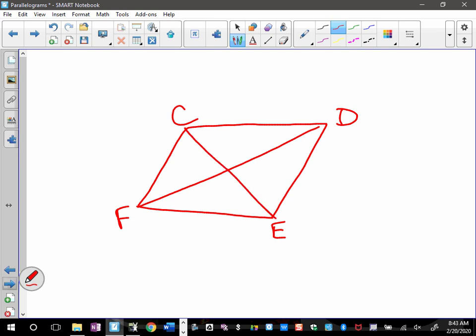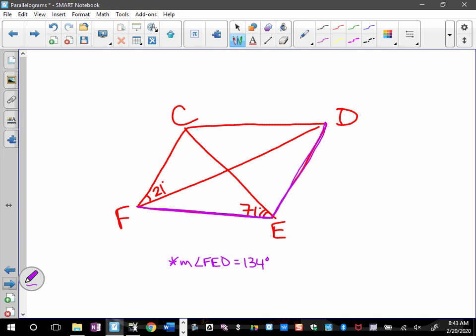You can always draw the picture bigger if you need to. They told me this is 21 degrees. They also told me that this angle here is 71. And they told me that FED is 134 degrees. FED is this whole angle.